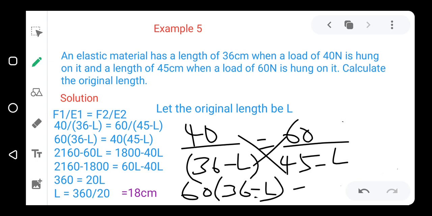This is equal to 40 on the other side, and then the 45 minus L also in a bracket, 45 minus L.